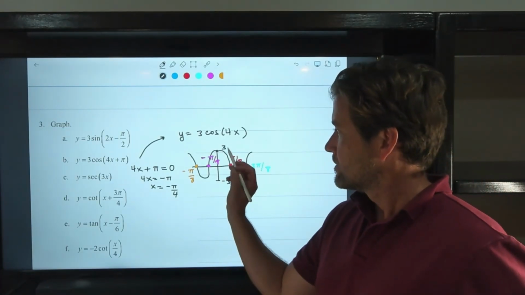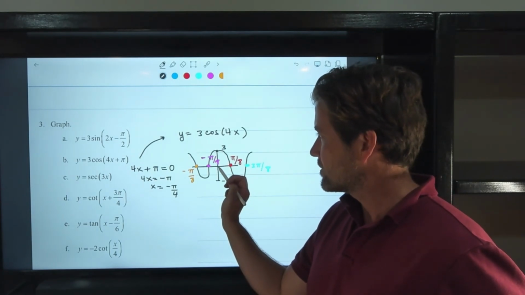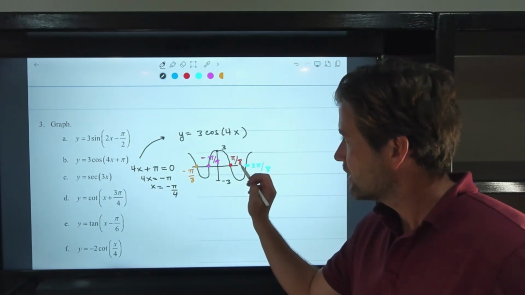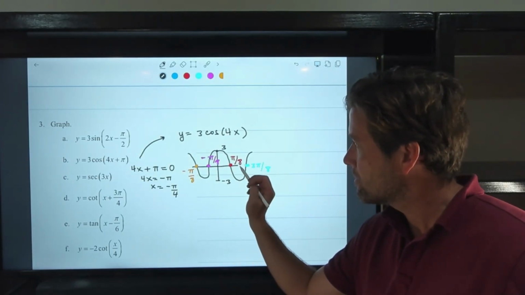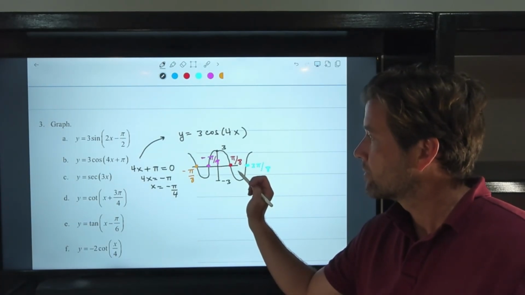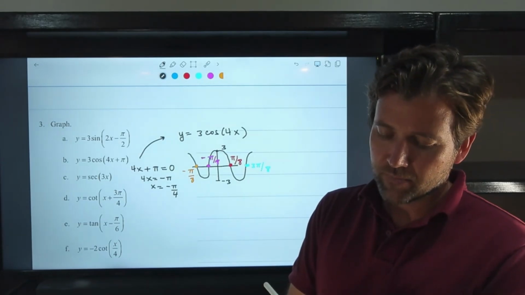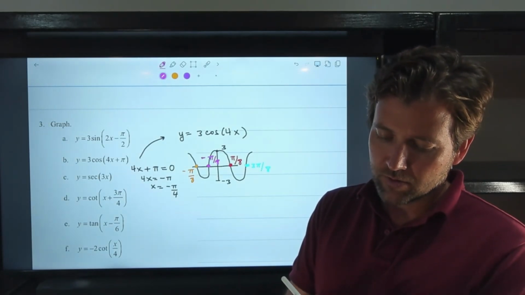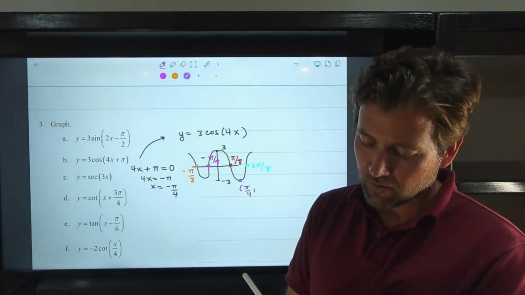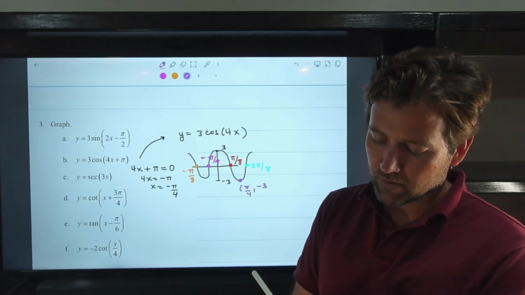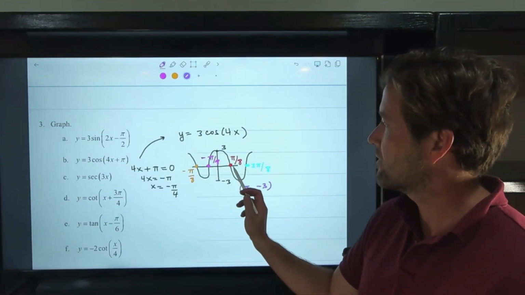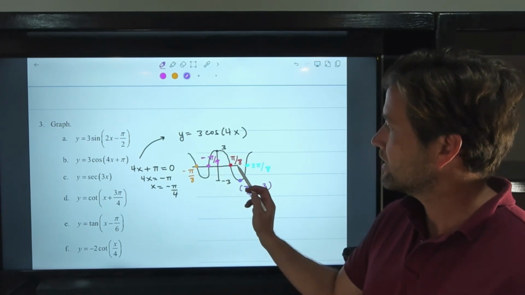So this is 0 right here. This is pi over 8. Right here in the middle would have to be 2 pi over 8, which would reduce to pi over 4. So what I'm suggesting is that this point is pi over 4, comma, negative 3. See, if from here to here is pi over 8, and this distance is pi over 8 again, this is 2 pi over 8 to get here.